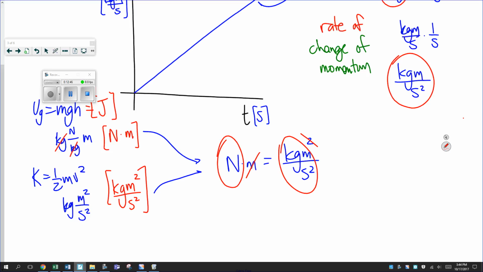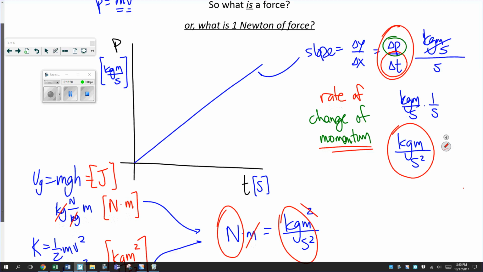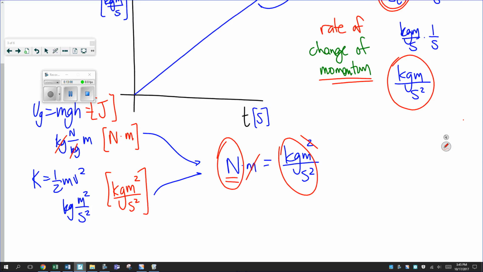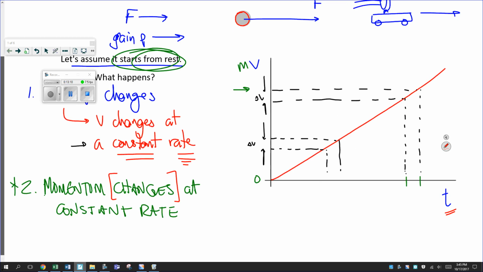So what we get here is that the slope of this graph is the rate of change of momentum. It is delta P over delta T. The units of that turn out to be units of force, which means that delta P over delta T is a force. And maybe this isn't a surprise because we've been saying that a force causes these constant rates of change of momentum.